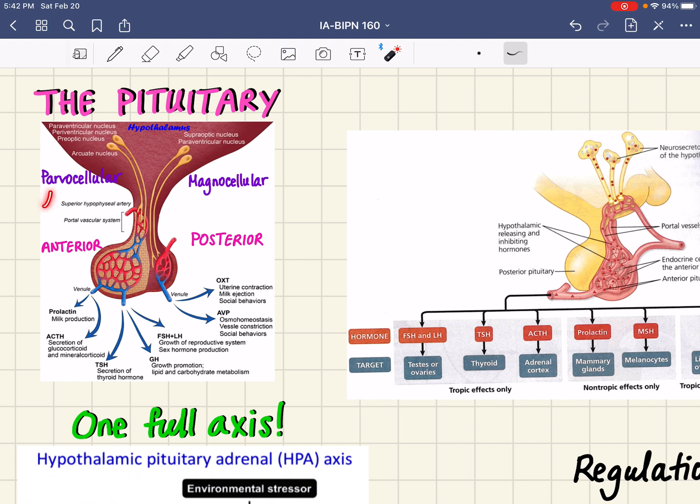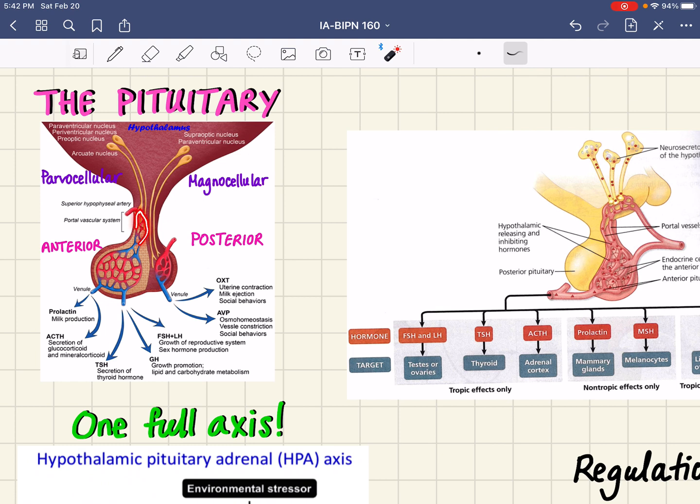So the anterior pituitary contains the parvocellular neurosecretory system, I think that's what it was called, and that name, parvocellular neurosecretory system, refers to these neurons coming down from the hypothalamus and releasing hormones into this portal vein.